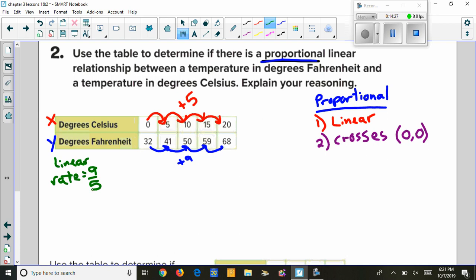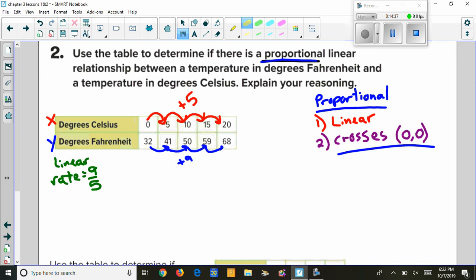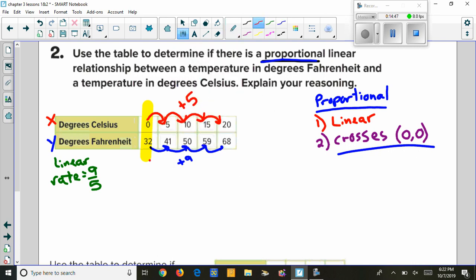Now, the case of figuring out this crossing at 0, 0. I'm going to look back at the chart, and I want you to notice that 0 is actually one of my numbers. Right here at 0, 32. This represents the ordered pair of 0, 32.